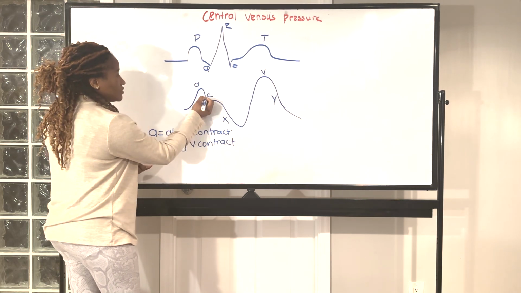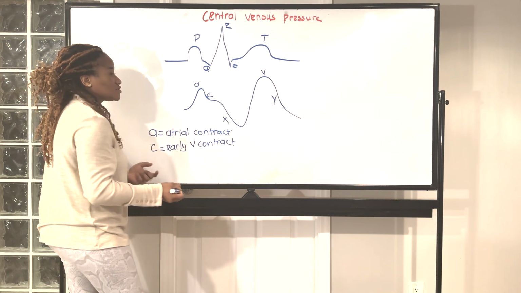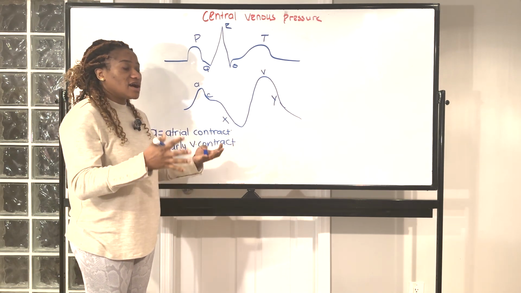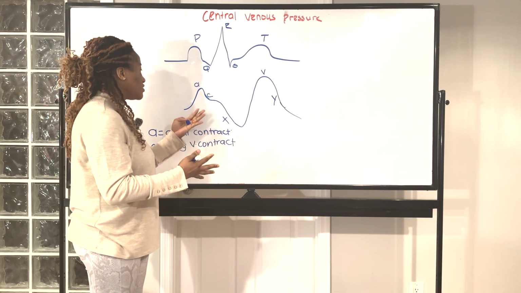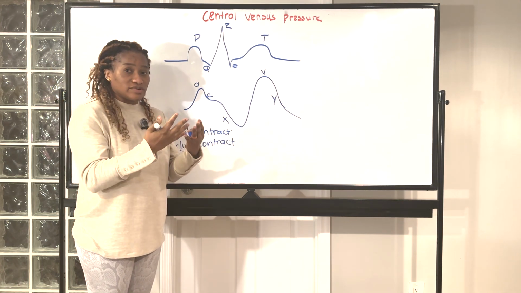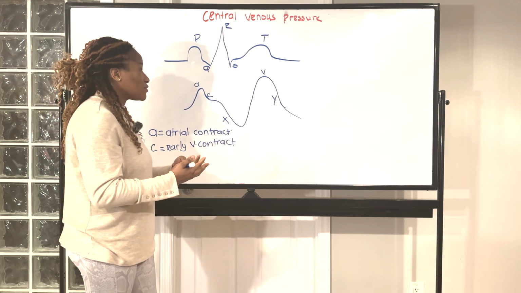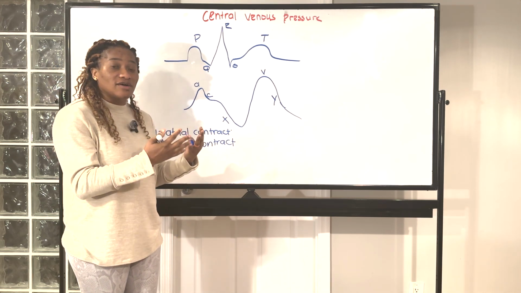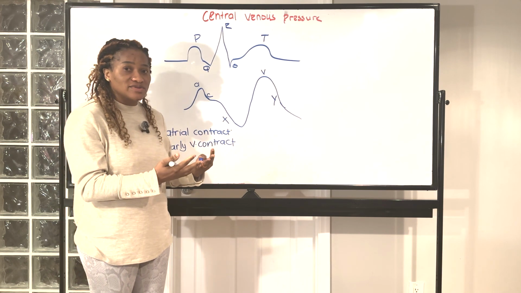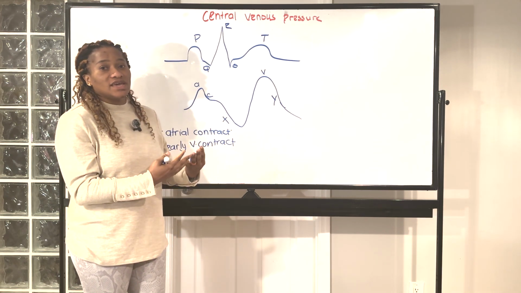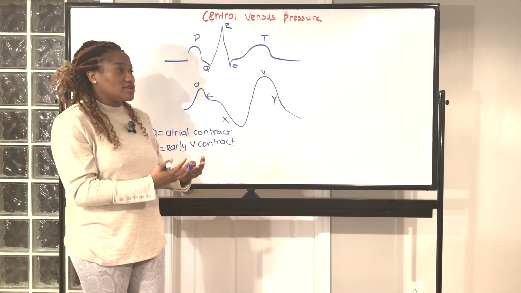So why the little indentation? Because when the ventricle starts to contract, it helps the tricuspid valve to bulge. Now remember, when the ventricle contracts, we want the tricuspid valve to be closed so we don't get any regurgitation of the blood back into the right atria.